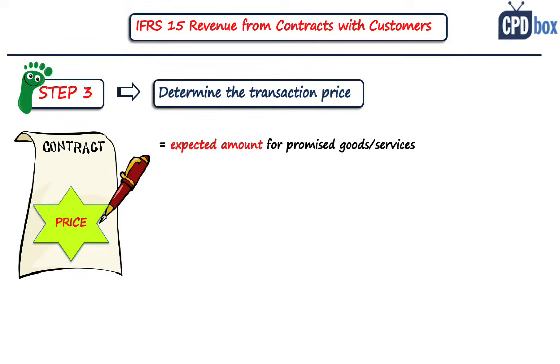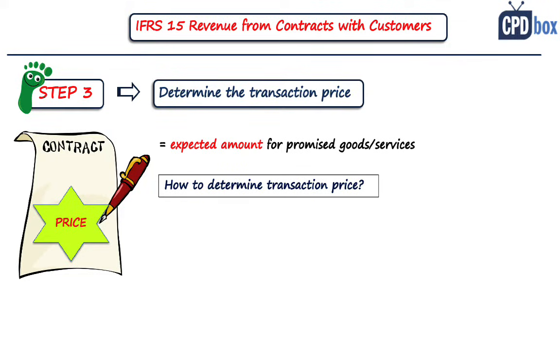How shall we determine the transaction price? Well, basically, we look to the contract, but it's not always the full case. Sometimes the transaction price can be variable and sometimes it can be fixed. So we need to take into account the nature and timing of consideration from the customer. When you determine the transaction price, you should consider the effect of variable consideration, for example.